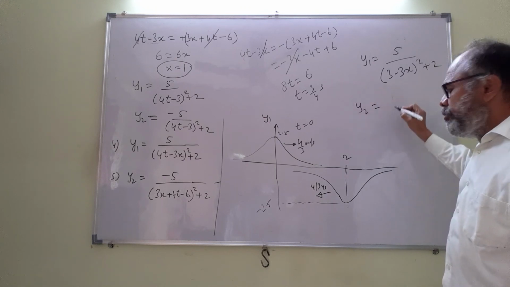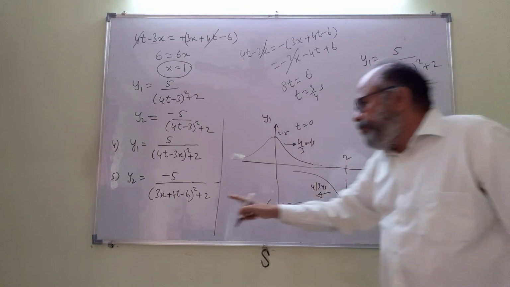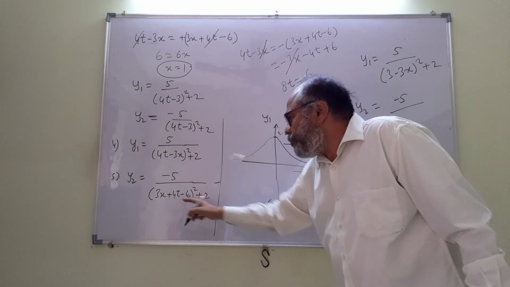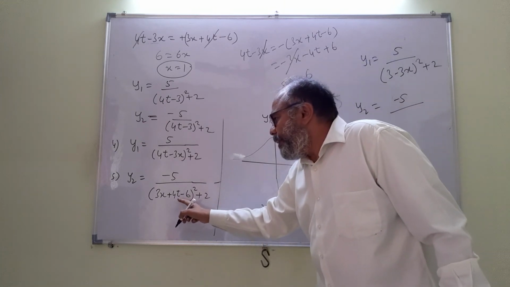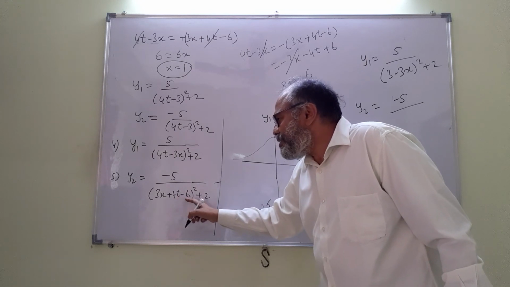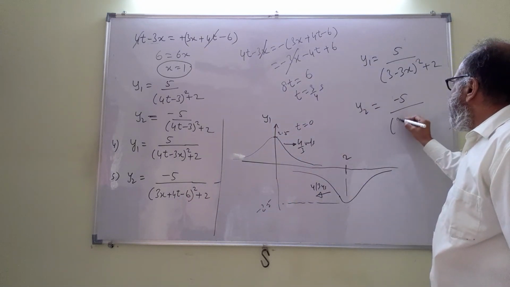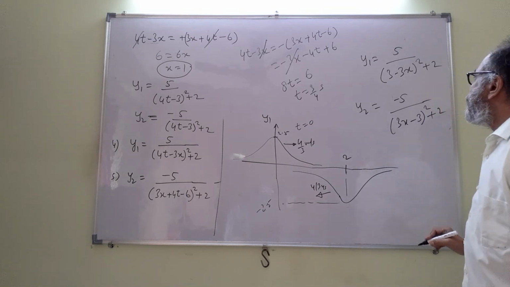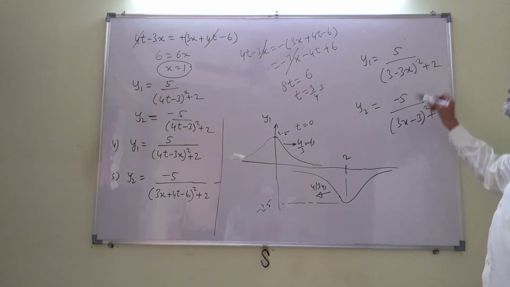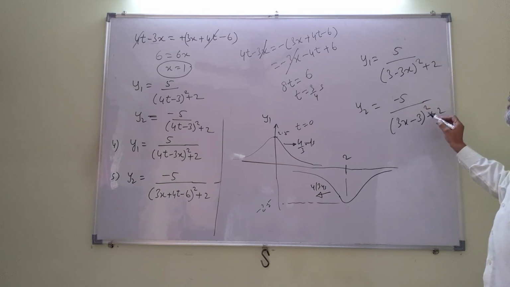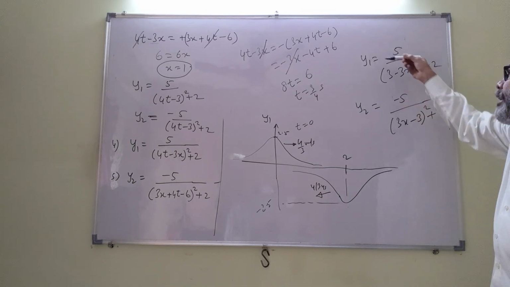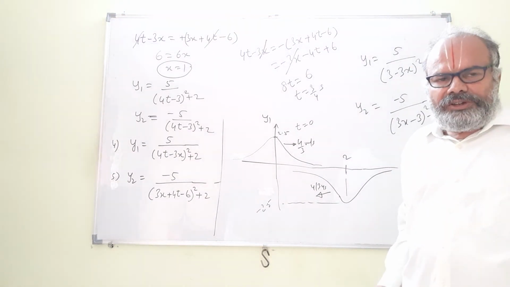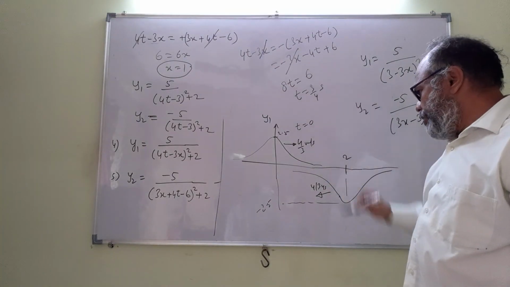What will be y2? y2 will be minus 5 over; put t as 3 by 4, so you will get 3 here, 3 minus 6 is minus 3. So you will have (3x minus 3) the whole square plus 2. So whatever be the value of x, the denominator is going to be the same. So y1 and y2 will cancel each other everywhere on the string at t equals 3 by 4.